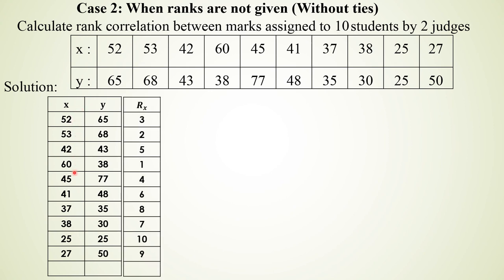So just see the highest marks is 60, therefore the corresponding rank is 1. Next highest marks is 53, therefore it becomes the second rank.